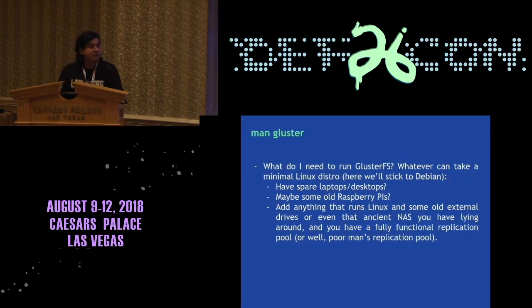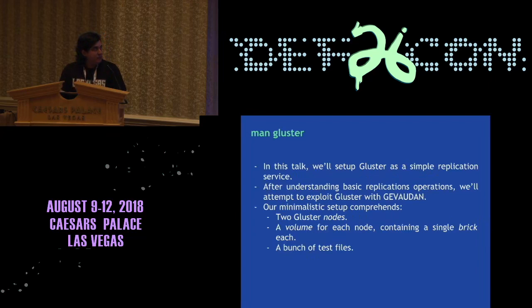So, as I was saying before, anything can run Gluster. It's really hard to find something that doesn't work with it. Call it FreeBSD, NetBSD, OpenBSD, whatever, even Raspbian. Anything you want can run it. In this talk, we'll set up Gluster as a simple replication service. We won't get into the hassle of configuring complex things.